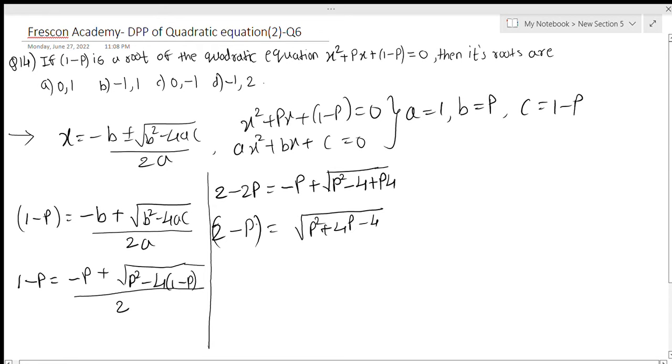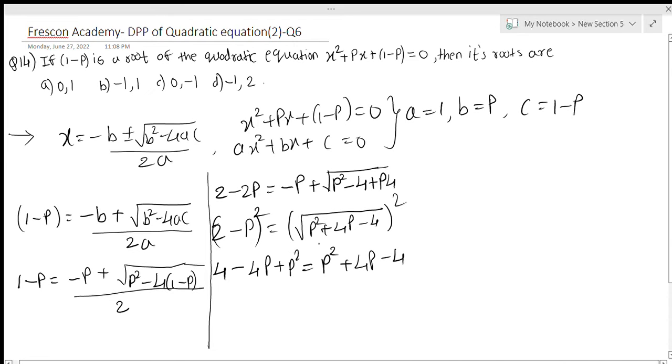Now squaring on both sides. 2 minus p the whole square is in the form of a minus b the whole square, which will give me 2 square, that is 4, minus 2ab, that is 4p, plus p square, and here the root and square will be cancelled out and the remaining equation will be p square plus 4p minus 4.